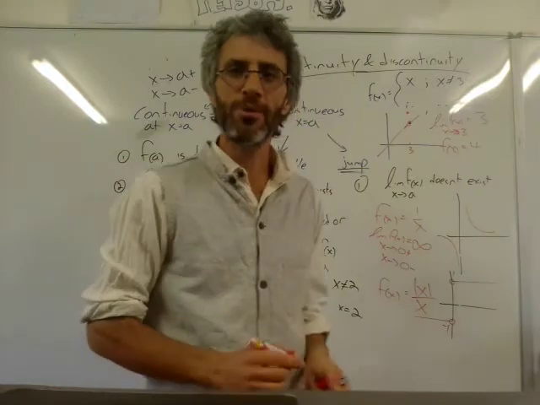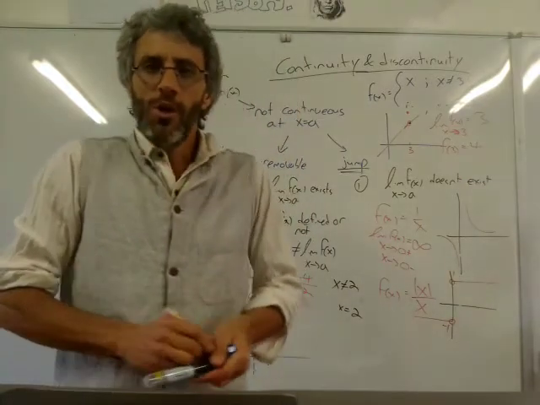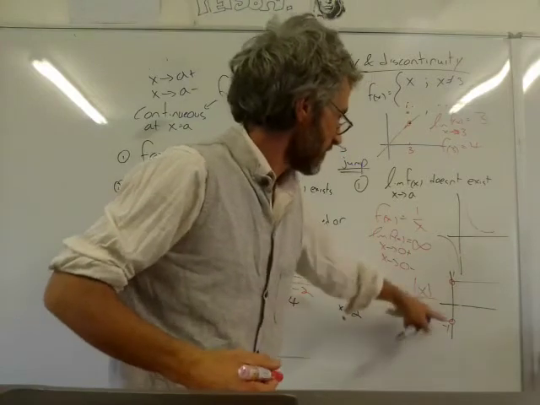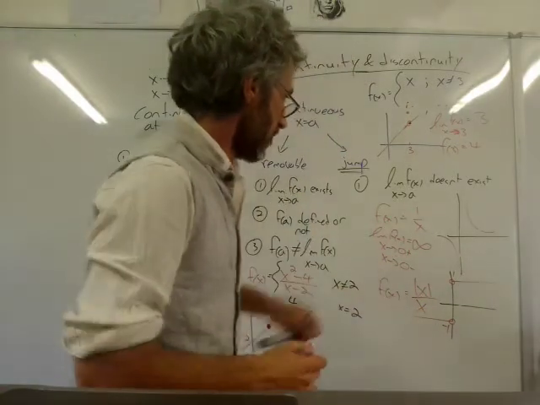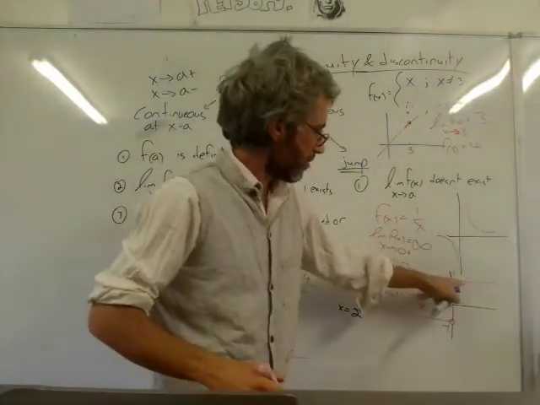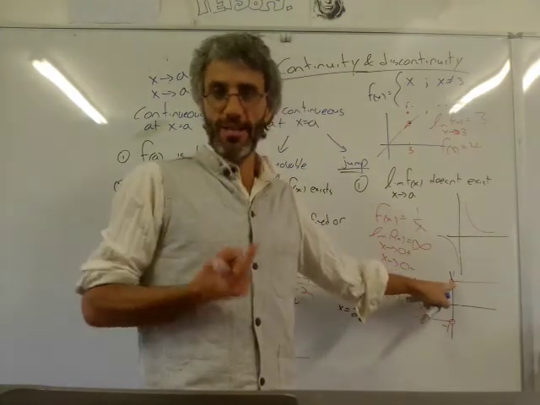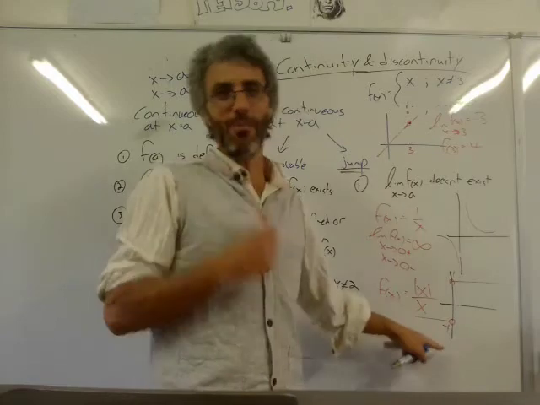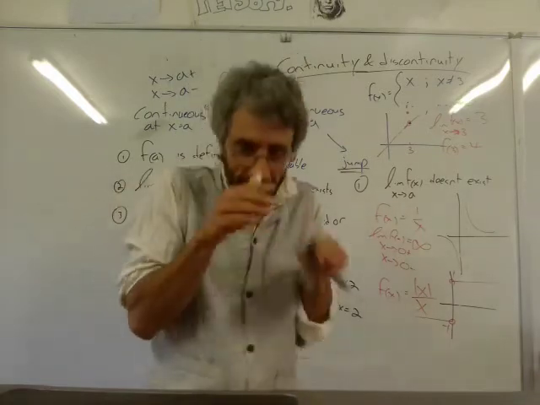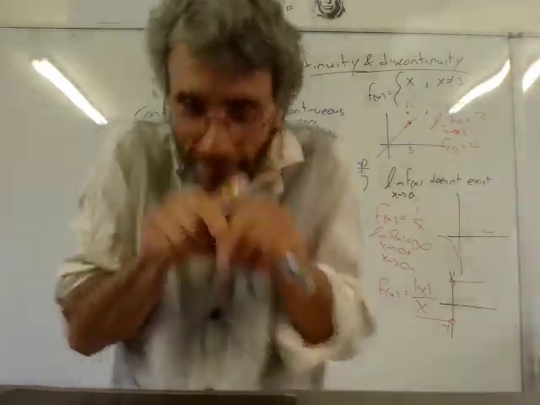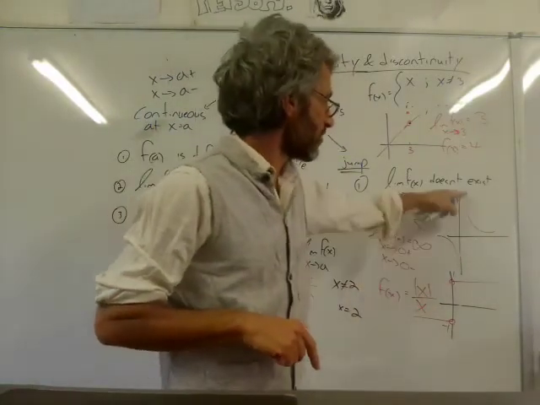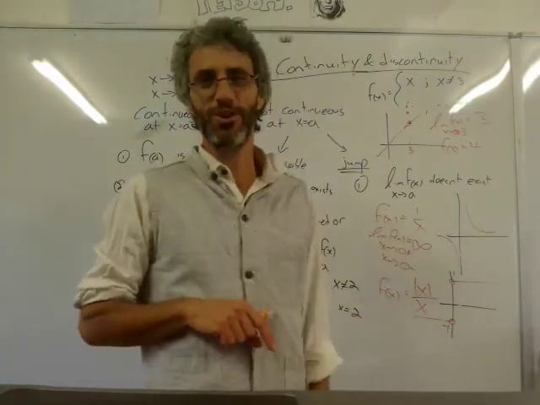So there's a jump. It's not the infinity discontinuity because the values are not infinite here. When x approaches 0 from the right, the limit is 1. It's not infinity, it's 1. But when I approach from the left, it's minus 1. So there's a jump. And that little guy with the tiny little feet can't jump from here to here.